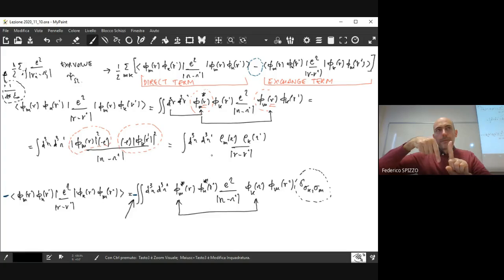So if you prevent the electrons from being close to each other, then you reduce the potential energy of the system because you increase the distance between the electrons. And if you increase the distance between the electrons, the Coulombian potential term, that is this one here, is smaller because that is inversely proportional to the distance between the particles.